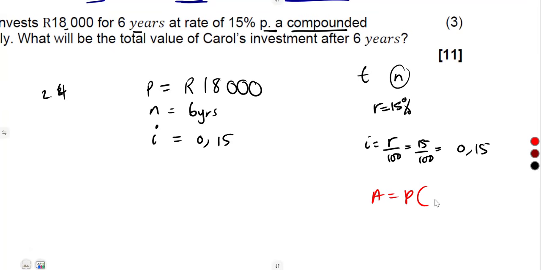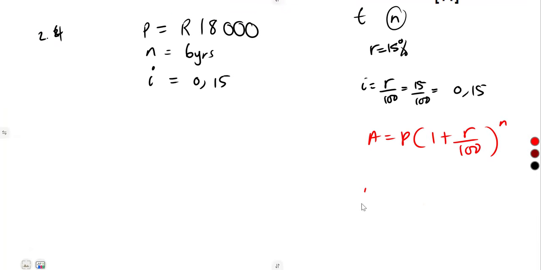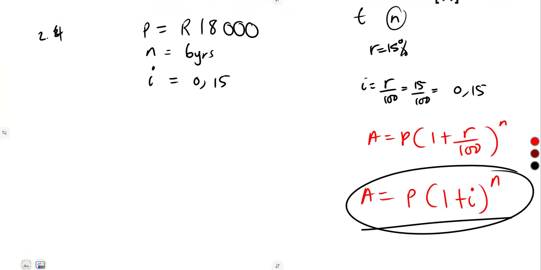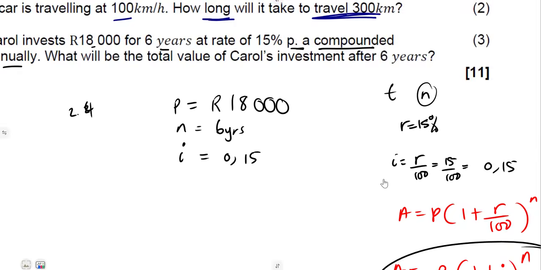A is equal to P into 1 plus R over 100 to the exponent of N or to the exponent of T. Or we can use the formula A is equal to P into 1 plus I to the exponent of N for compound interest. So depending on the formulas you are given, sometimes like in this question paper, we're not given any, so you use any formula, all right? I'm just going to use this one to calculate the accumulated amount.